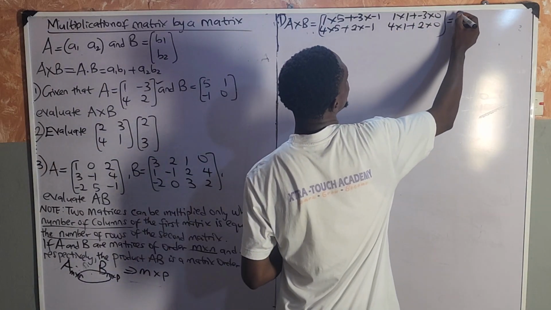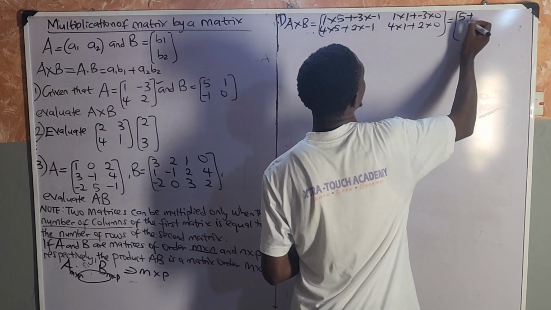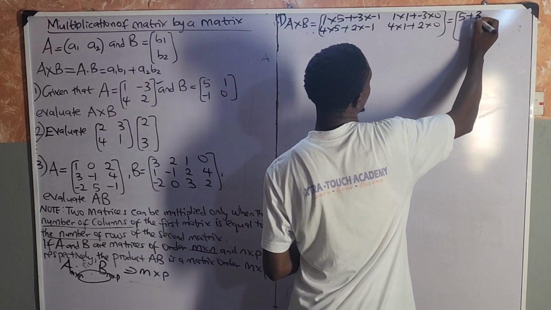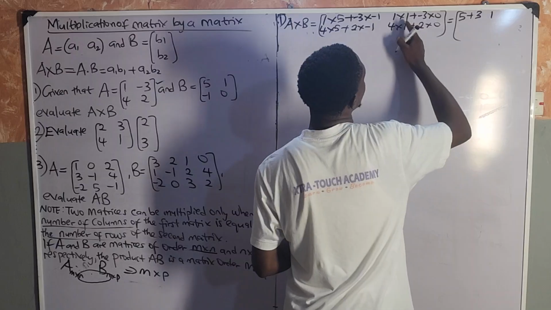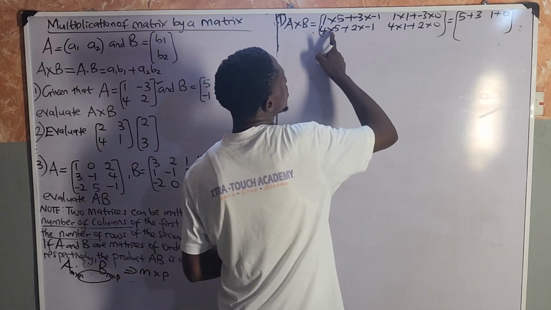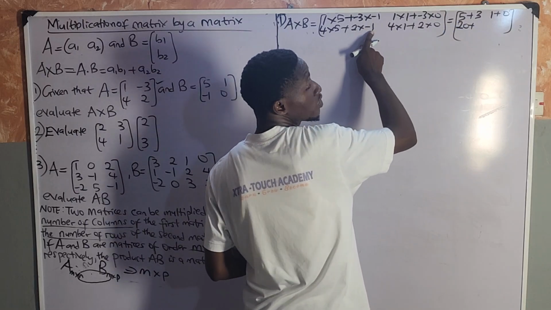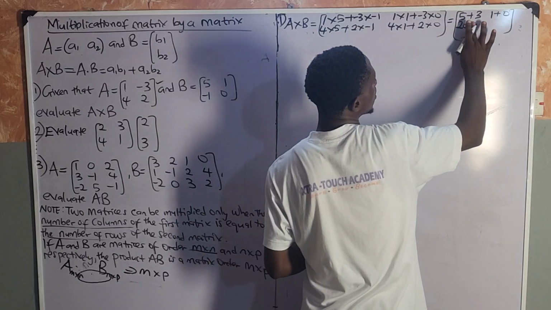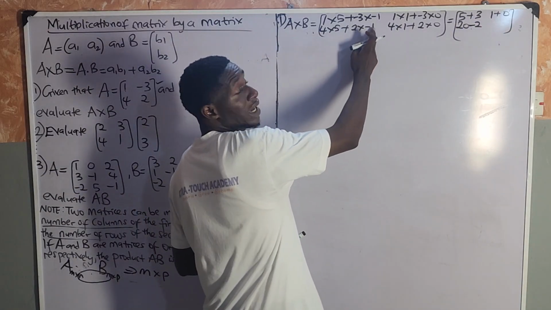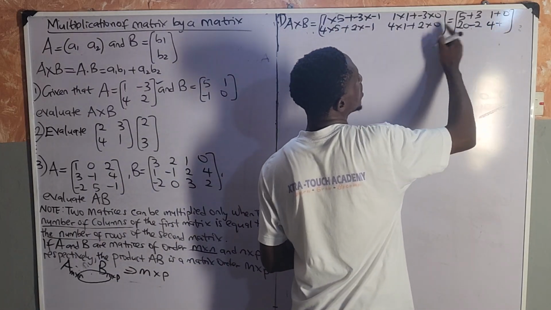So this is equal to 1 times 5 is 5, plus minus 3 times minus 1 is plus 3. 1 times 1 is 1, plus minus 3 times 0 is 0. 4 times 5 is 20, plus 2 times minus 1 is minus 2, because plus times minus is minus. 4 times 1 is 4, plus 2 times 0 is 0.